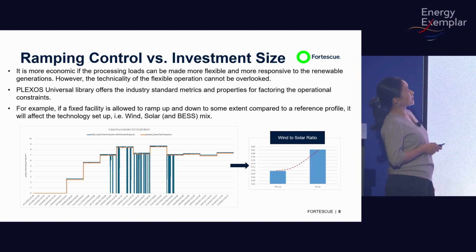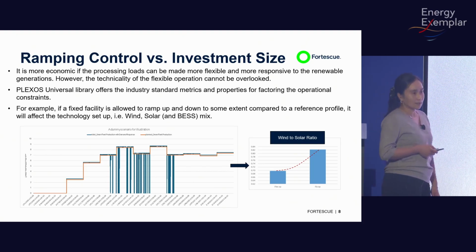Right, so this is a demonstration of how we factor in the operational flexibility. Of course, to purely pursue the economics, we want every component to have some level of flexibility and load following capability. But in reality, there are a lot of mining assets that are designed to be not that flexible.